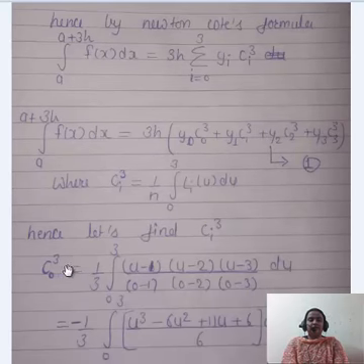First of all, c_0^3: putting in the same formula and getting the value of L_0(u), we get 1/3 times the integration of L_0(u) du from 0 to 3. Finding this properly, we get this term.